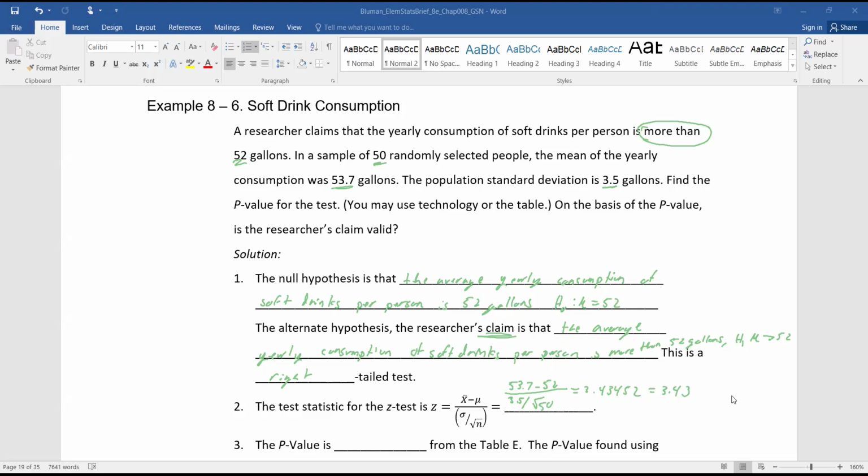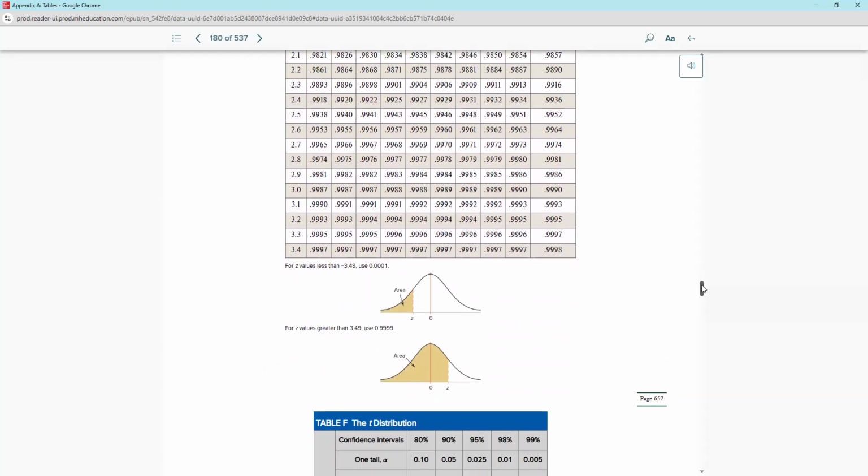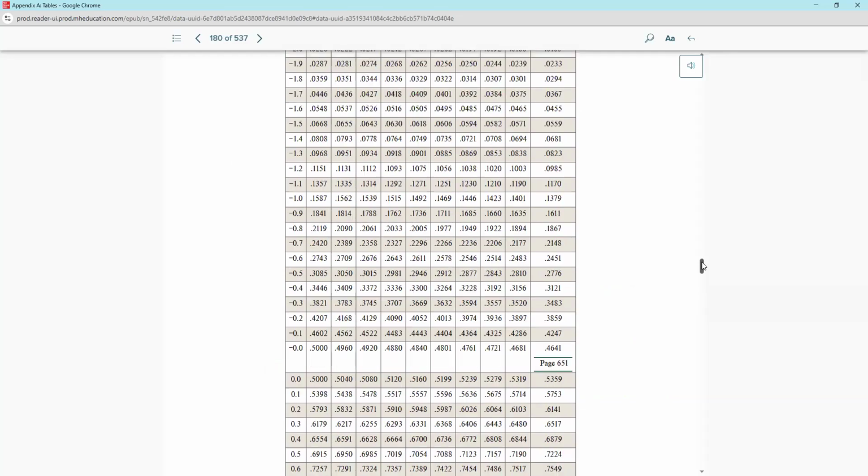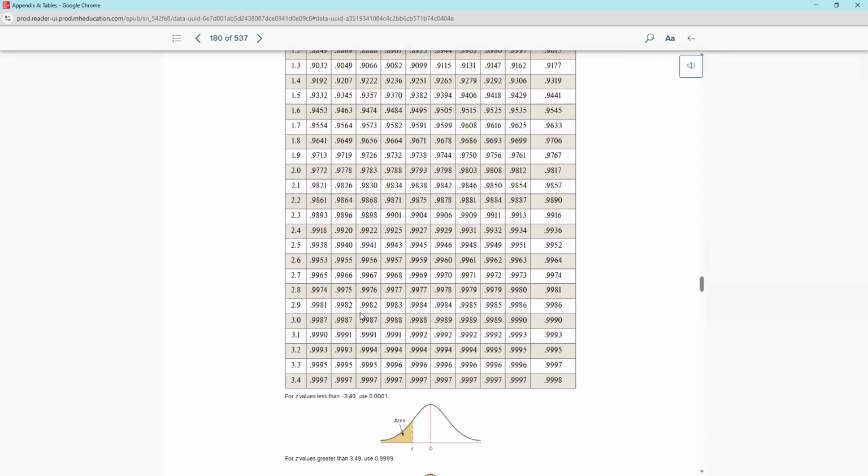We're looking for the probability value, so I need to go to the z-score 3.43. So I'm looking for the z-score of 3.43. There's 3.4, and then 0, 1, 2, 3.